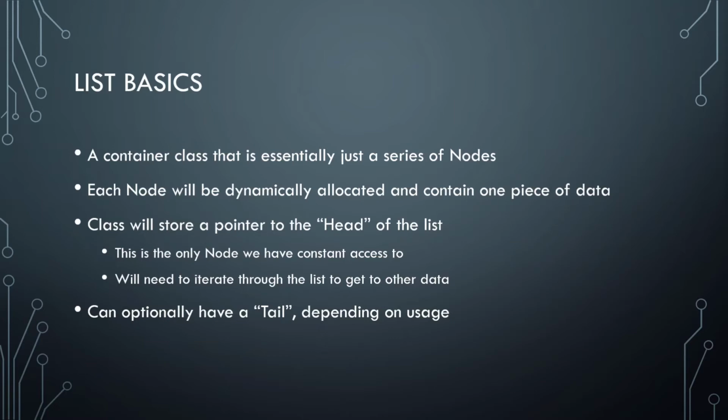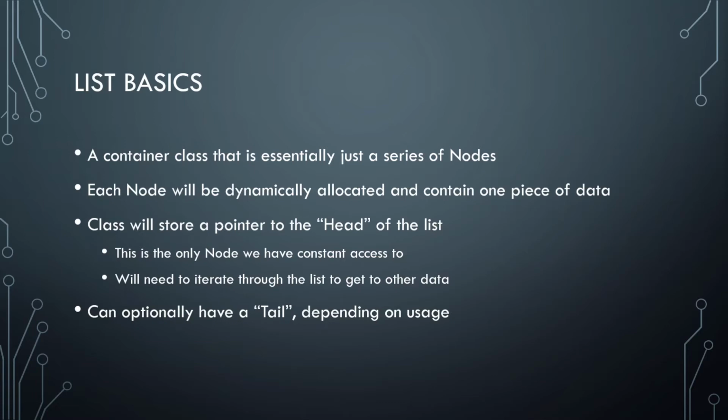The class is going to need to contain, at a minimum, a single pointer that typically points to what we would call the head of the list. So this is going to be not necessarily the first item that's put into the list, but the item that is at the front of the list.